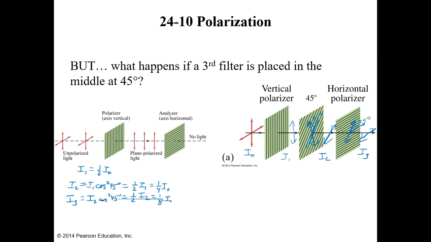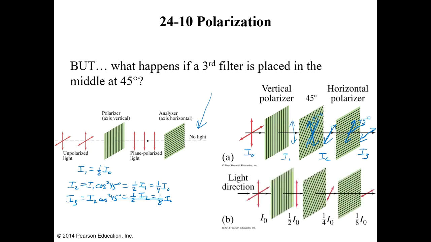But wait a second. Back in this situation here, we got no light at all. But now all of a sudden, it's the same situation, but just with a third filter in between the two, you do actually get light coming out of that, just as we calculated here. How is that possible? Well, remember that a polarized filter only allows the component parallel to the filter itself to pass through.